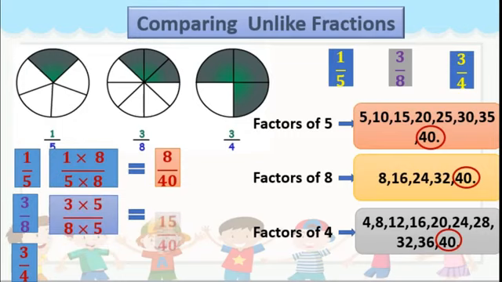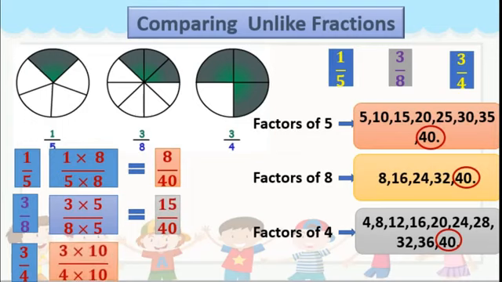So here 3 fives are 15 and 8 fives are 40. And the third one, 4 tens are 40, isn't it? So 3 tens are 30 and 4 tens are 40. So dear students, we got 3 equivalent fractions, or you can say like fractions.